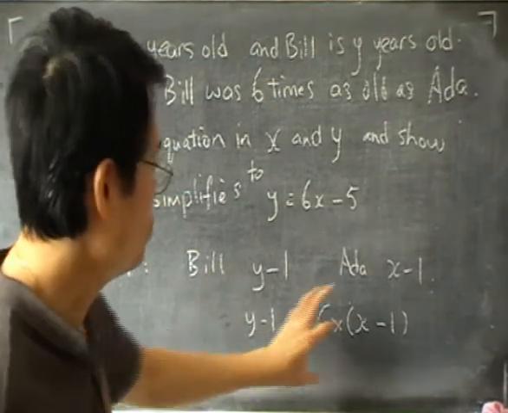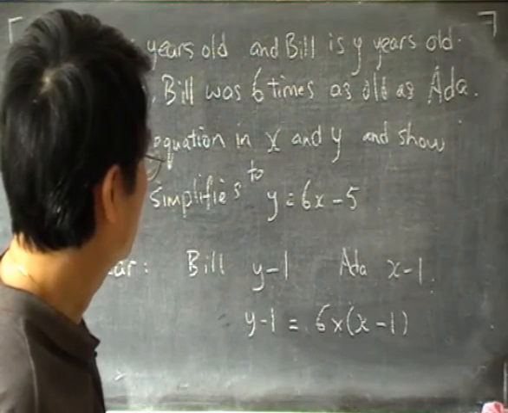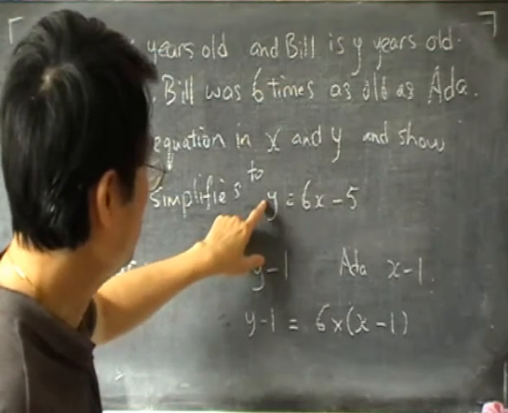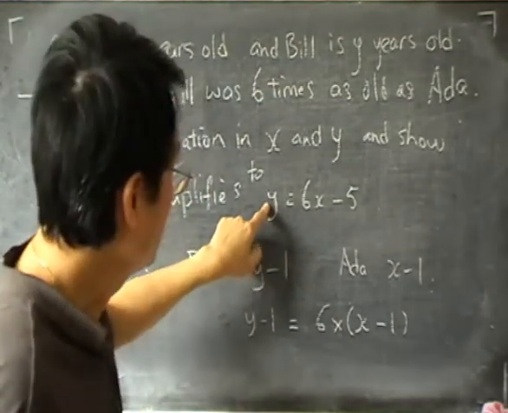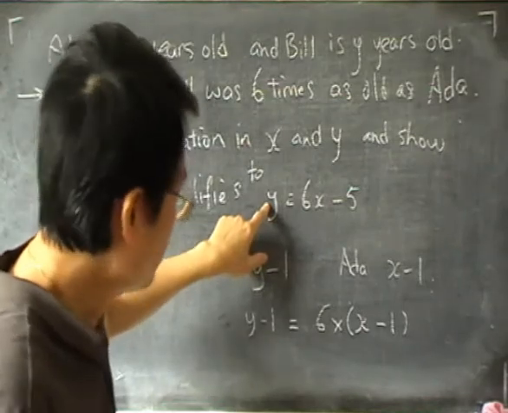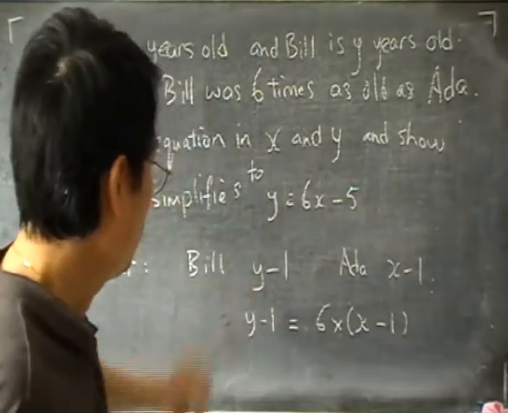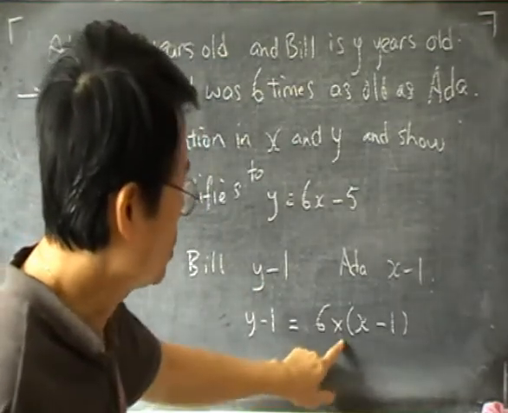To start rearranging this, if we look at this equation, we see that we have just y on one side. So actually, the idea is that we must make y the subject for this equation. And the first thing we can do is to simplify that part.